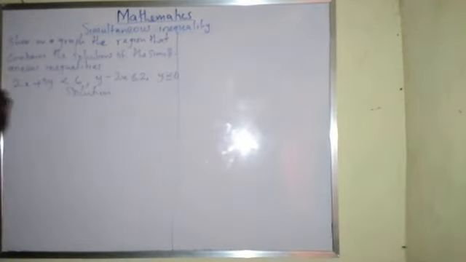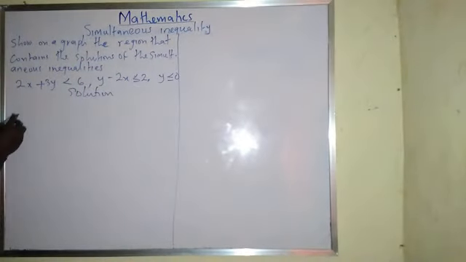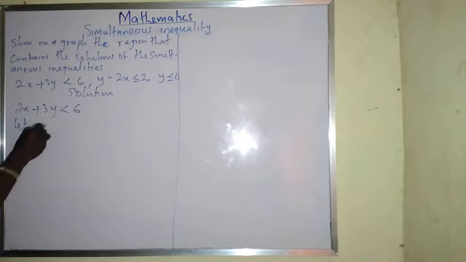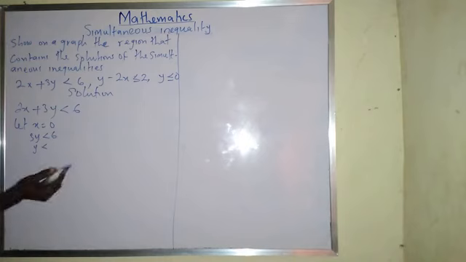Okay, the first one, for this line, 2x plus 3y less than 6. Let x equal 0. It means 3y will be less than 6. My y will be less than 2. Some people would like to put it equal to 6, no problem, but I would like to do it in 2.